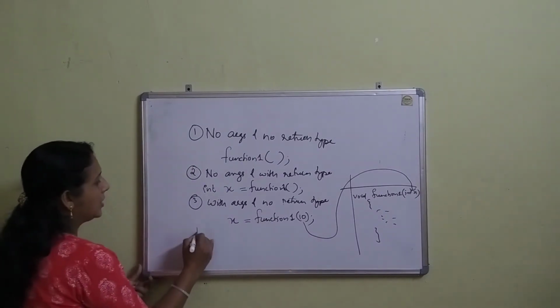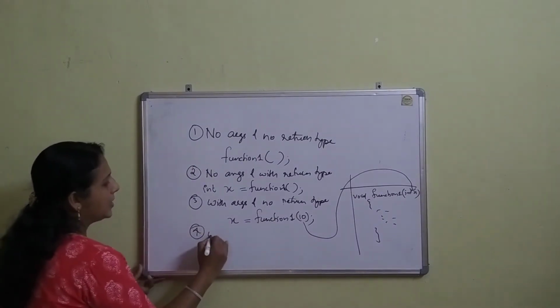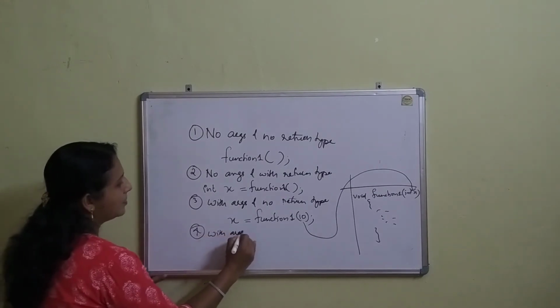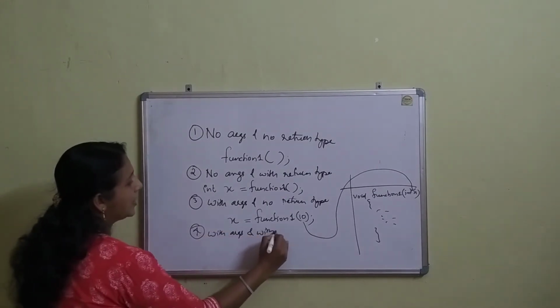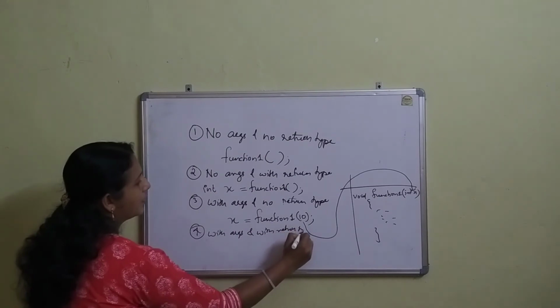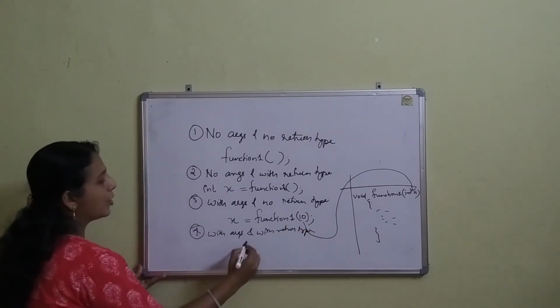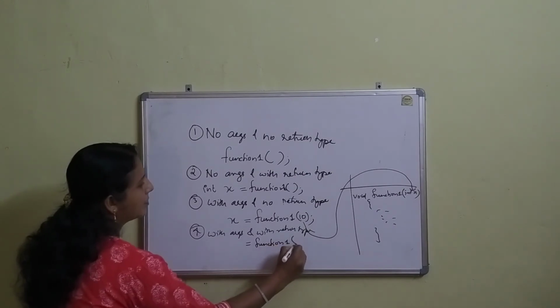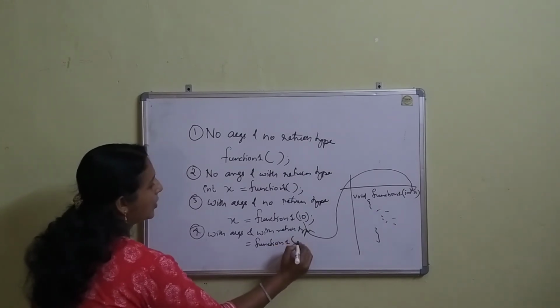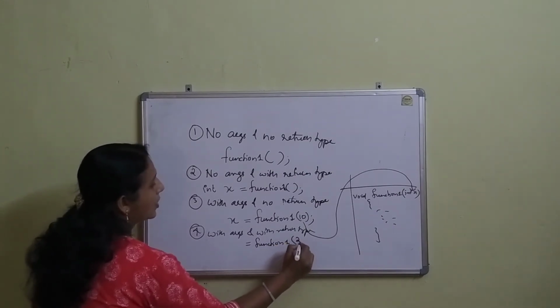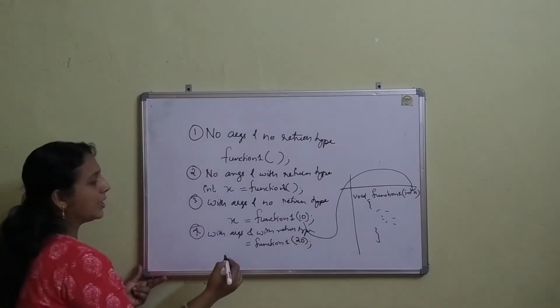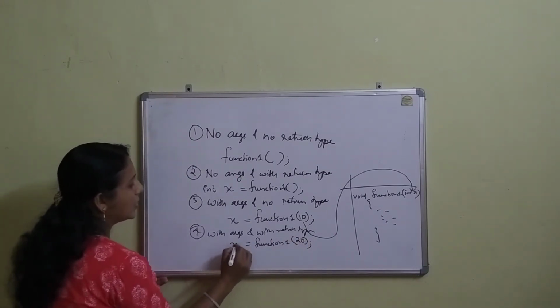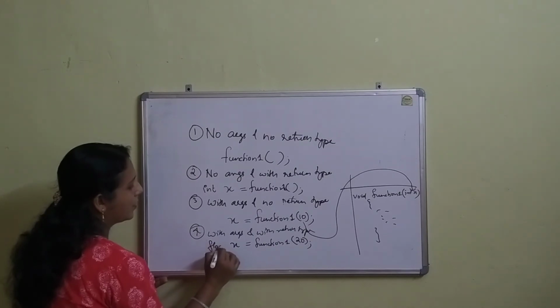And the next category is with arguments and with return type. So here suppose you are going to give 20 as the argument, and there is a return type, suppose it is float.